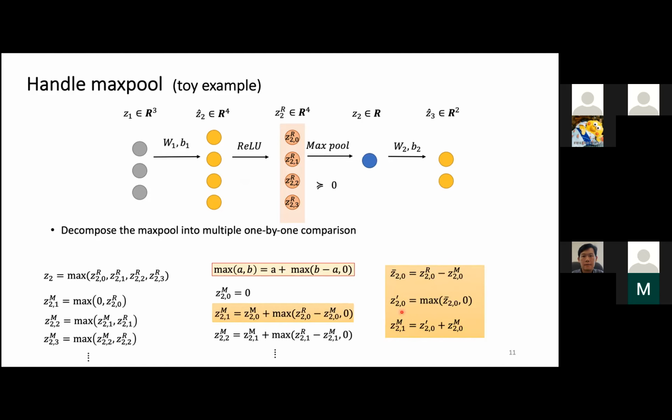Notice that the second equation is like a ReLU function. So here we can combine the idea Wang proposed, that is the convex outer bound. So finally, we can make the output polytope a convex set.